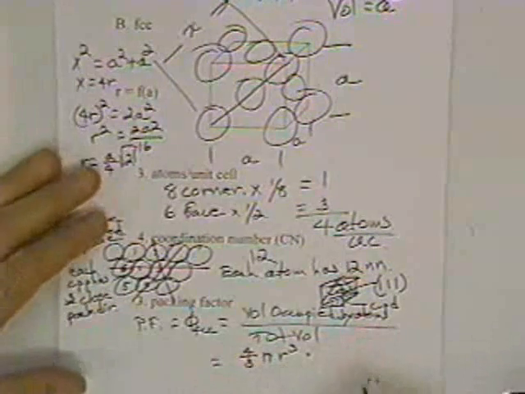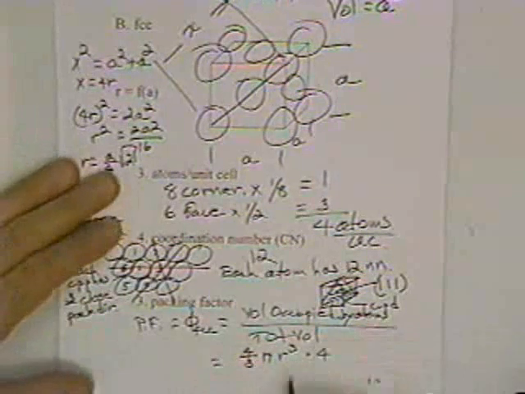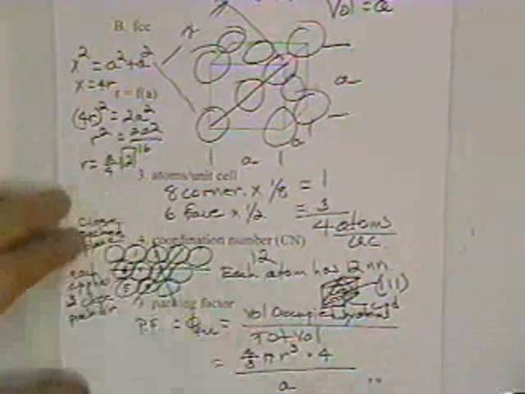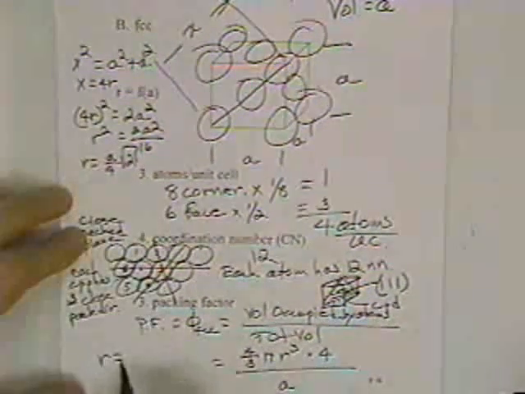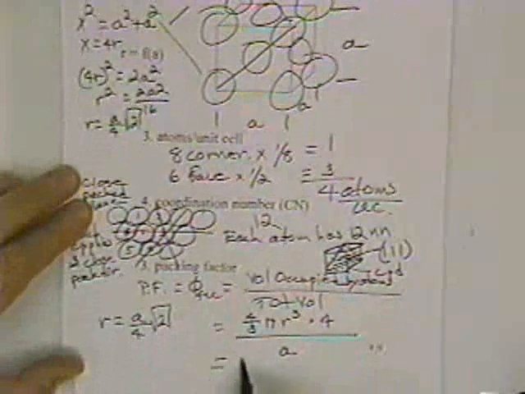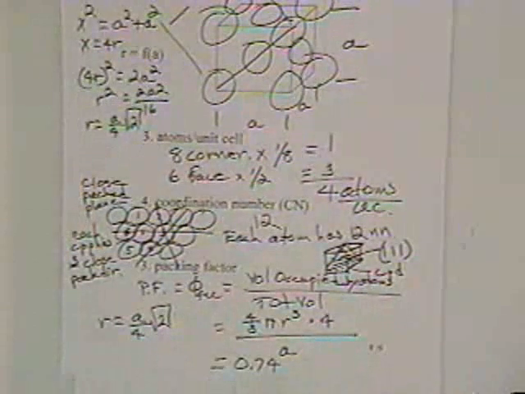Now, how many atoms per unit cell? 4, hope you're saying it, divided by a cubed. And we know that r is equal to a over 4 square root of 2. If we substitute that in there, this will work out to be 0.74. And that's the highest packing density for a close packed structure.